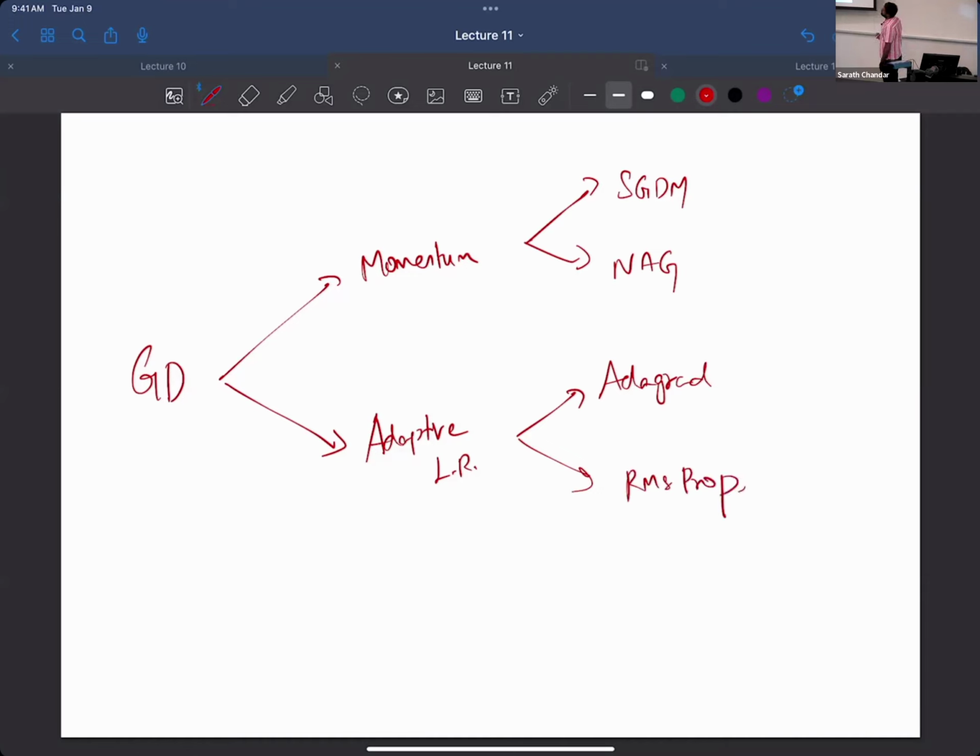One thing I want to highlight is I picked these representative algorithms, but there are hundreds of variants of momentum methods, and the same is true for adaptive learning rate, maybe thousands of variants. The whole field of optimization, at least deep learning optimization right now, is about coming up with better methods for training neural networks, which includes better momentum methods and better adaptive learning rate methods. Is it clear?